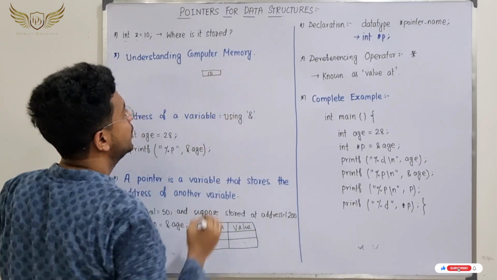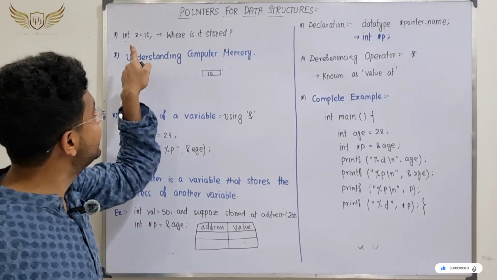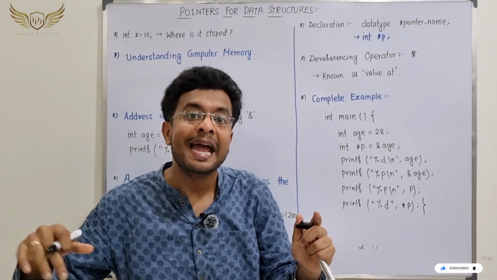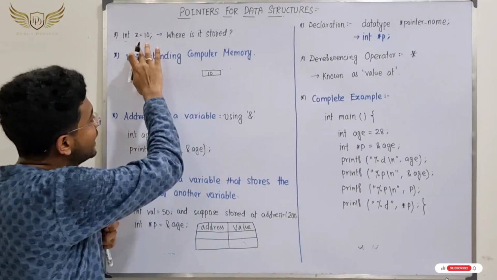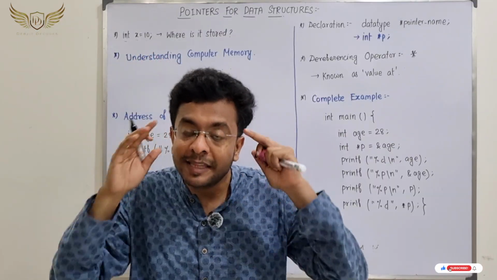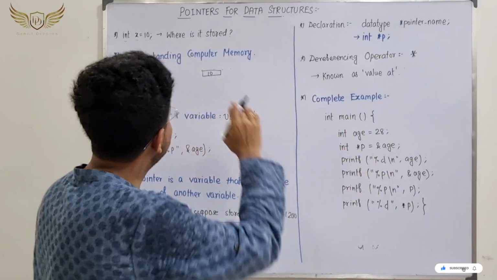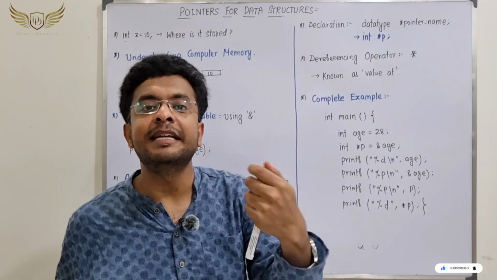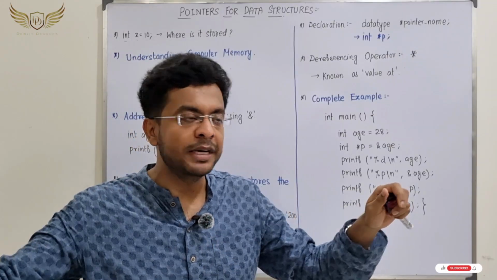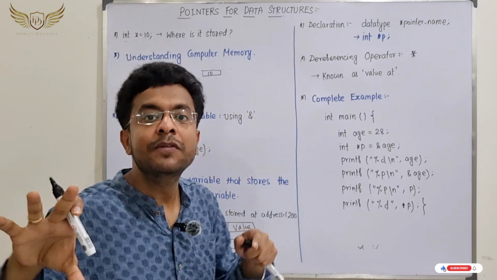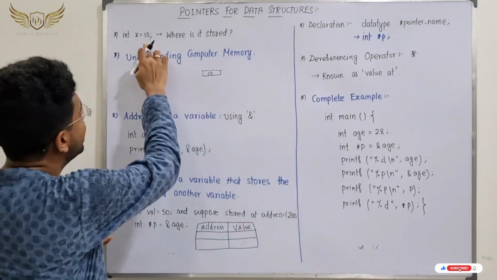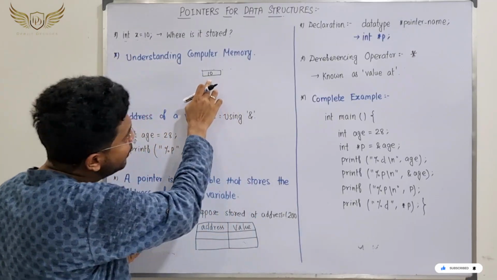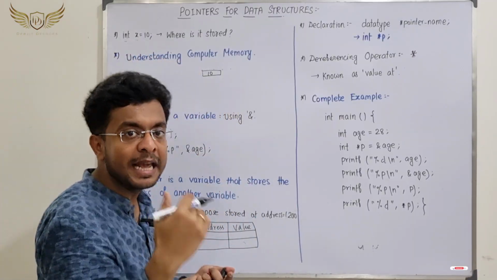It will be storing 10. So this particular thing simply means that this 10 is sitting somewhere in the memory location where it found some empty space, and X is nothing but the name given to that memory location.